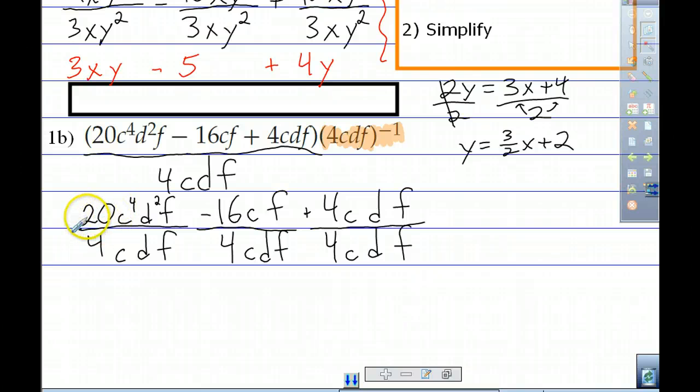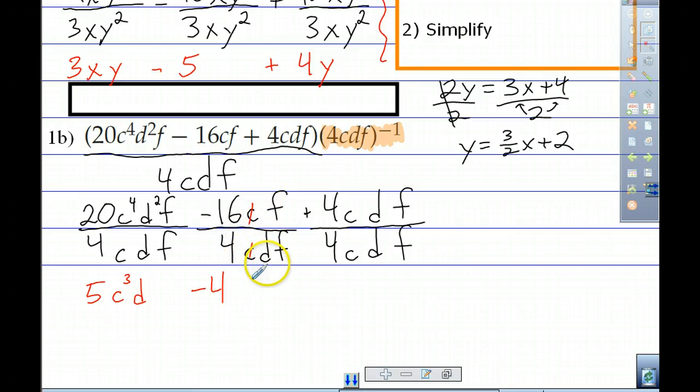Okay, let's start. 20 divided by 4, 5. C to the 4th over C, C cubed. D squared over D, D. And then F over F, 1, so we don't write anything. Good. Next, -16 over 4, -4. C over C, 1.